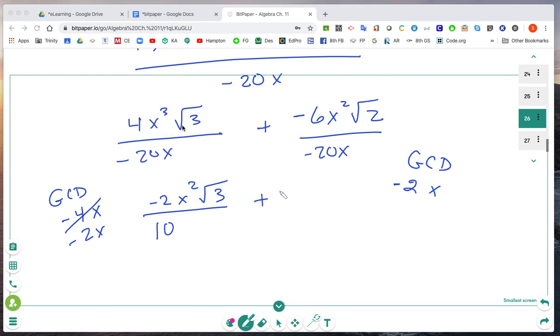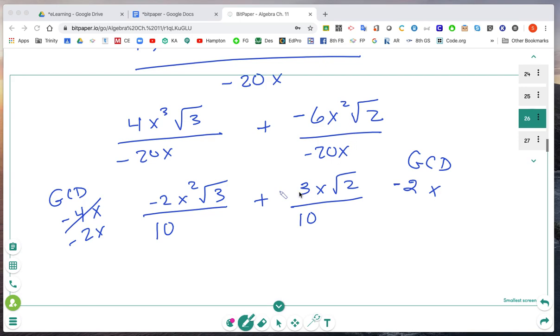Plus negative 6 divided by negative 2 is 3. Negative 20 divided by negative 2 is 10. Where do I have more x's? On the top. How many more do I have? 1. Square root of 2 was already simplified when we went go fish.